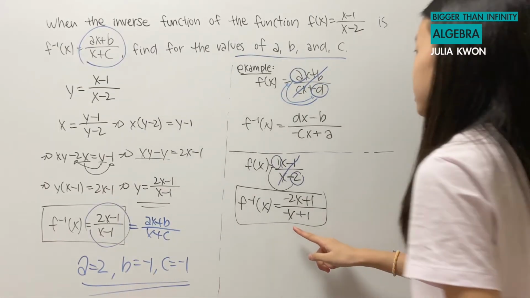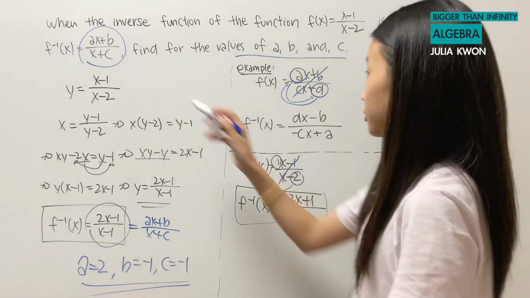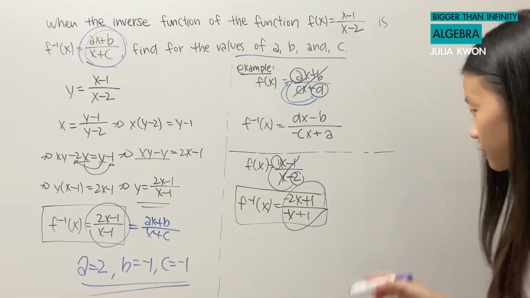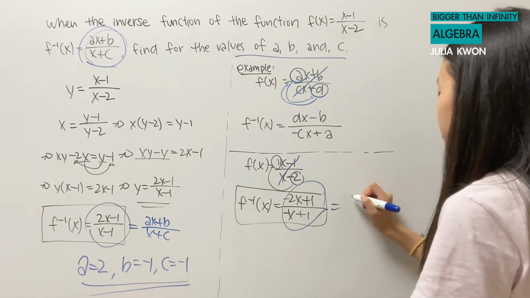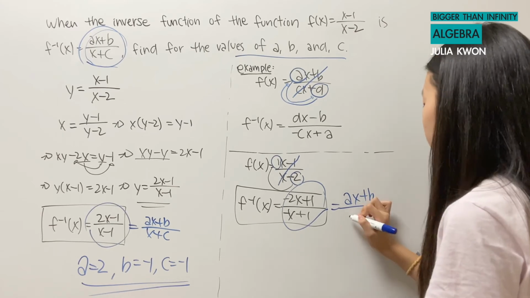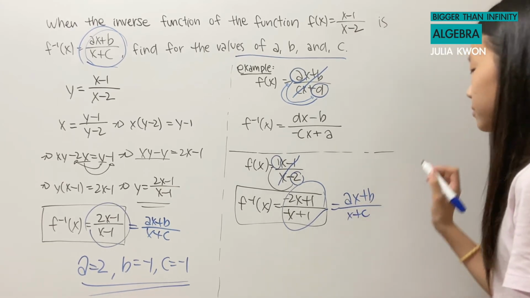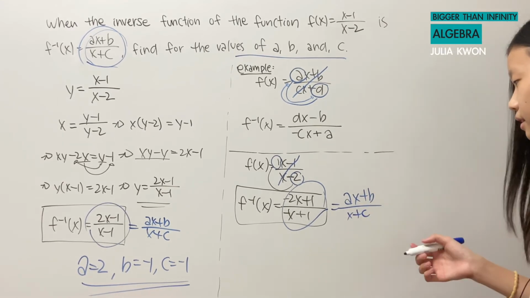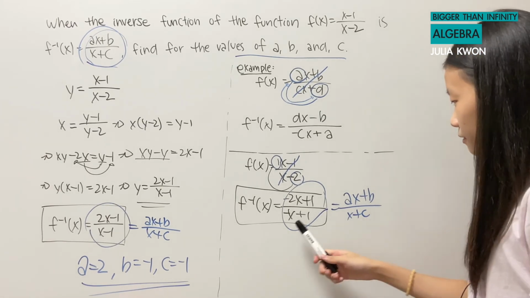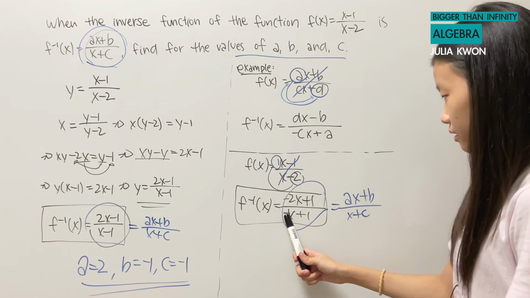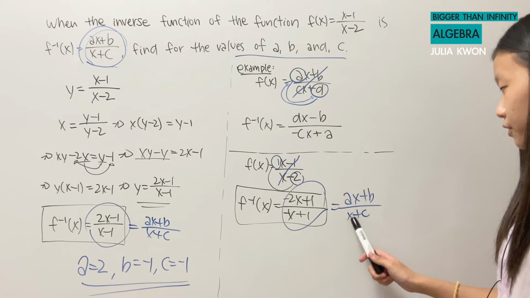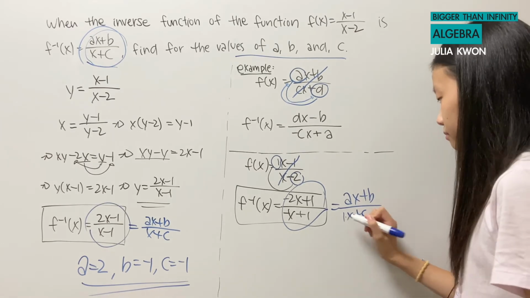But here it's a little bit tricky because we're comparing this inverse function with this inverse function, which is equal to (ax + b)/(x + c). The reason it's tricky is that if you watch closely, the constant in front of the x is -1, but here the constant in front of the x is just 1.